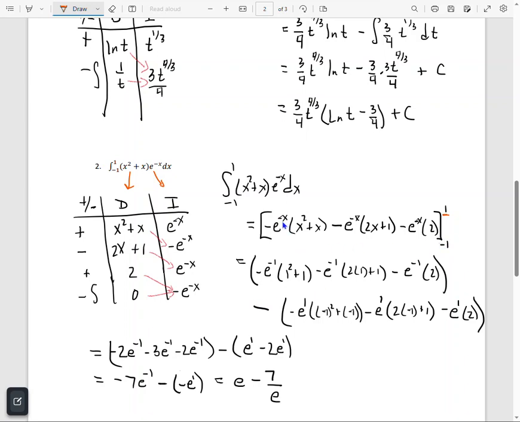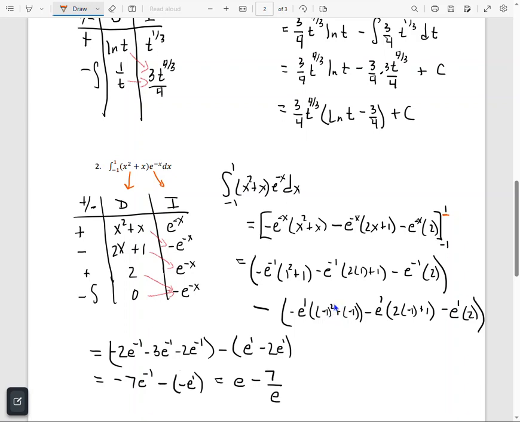Notice when I put negative 1 in for negative x, the exponents are positive 1s. Things change a little bit in the parentheses. Let's see how. 1 and 1 makes 2, so I have a minus 2 e to the negative 1. 2 plus 1 makes 3, so I have a minus 3 e to the negative 1. And a minus 2 e to the negative 1.